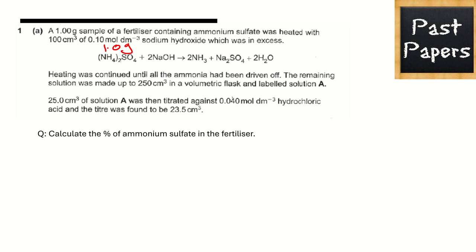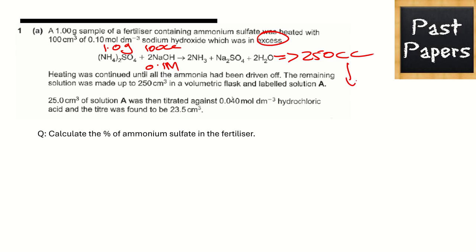We've 1 gram of this fertilizer containing ammonium sulfate, heated with 100 cc's of sodium hydroxide, 0.1 molarity, and it tells us it's in excess. The heating continued until all the ammonia was driven off, and everything that was left over was made up to 250 cc's in a volumetric flask.